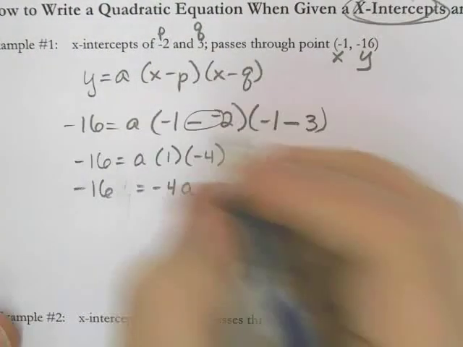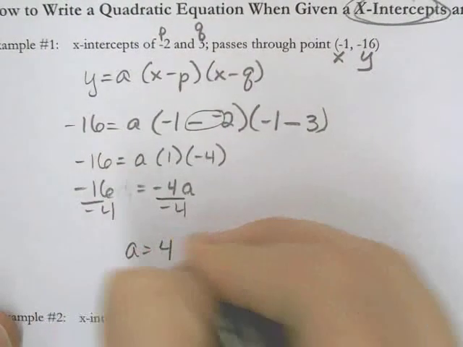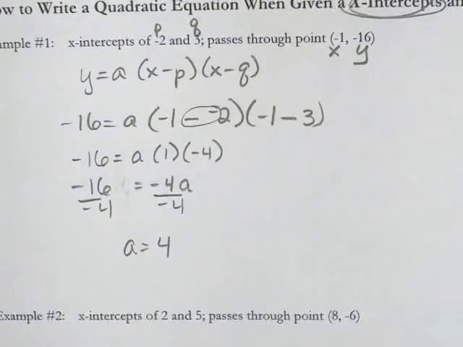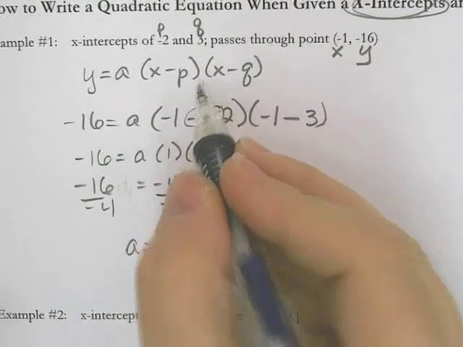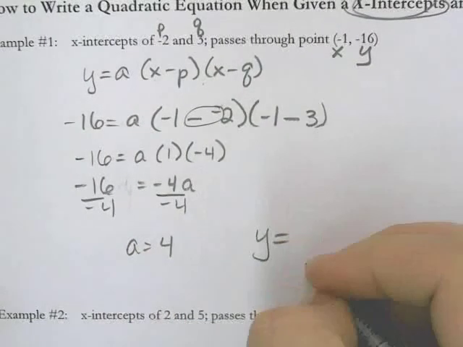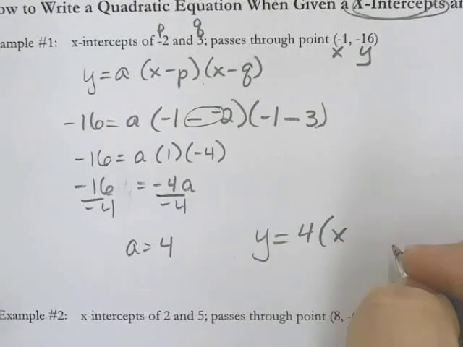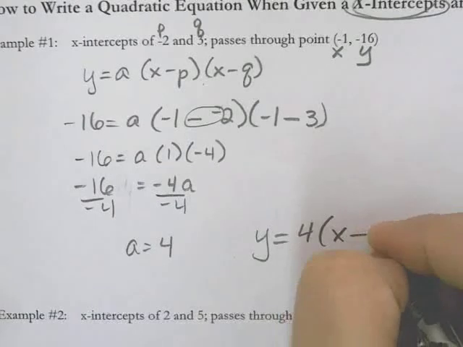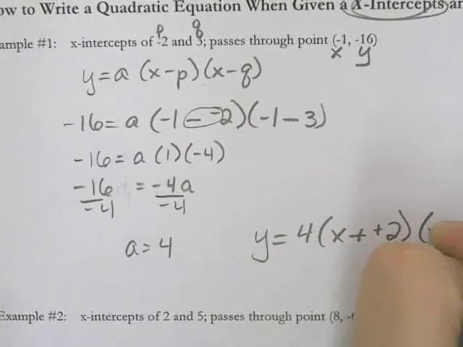I divide by negative 4, so a is 4. So just like we did last time, we need to plug it in again, but I'm just going to plug it into the same equation. So it'll be y equals a, which is 4, (x minus p, which is negative 2, and if I minus a negative 2, it just becomes plus), and then (x minus q, which is 3).